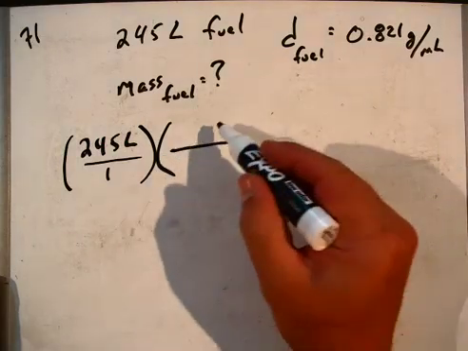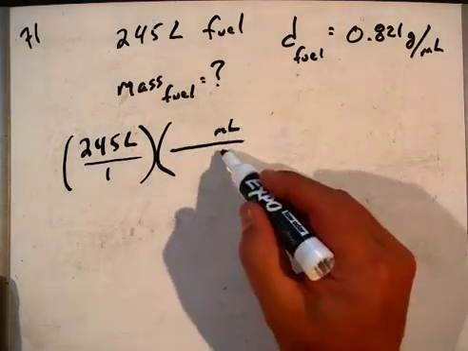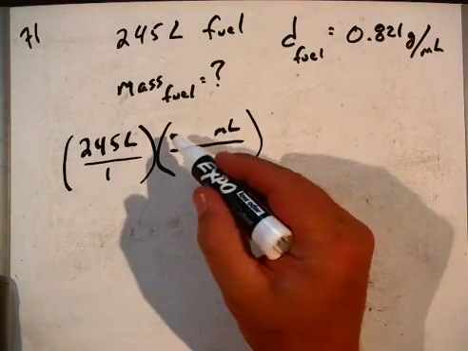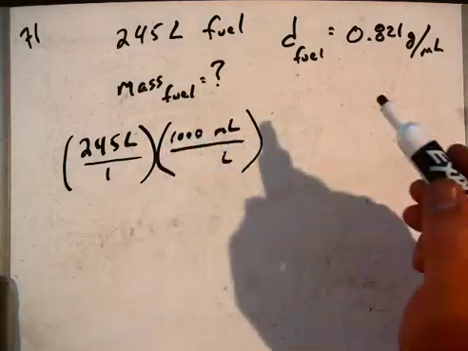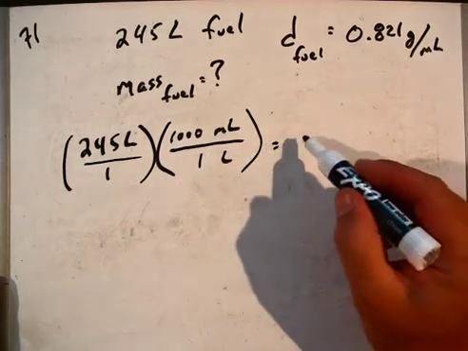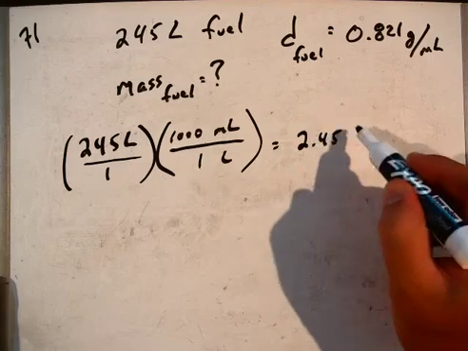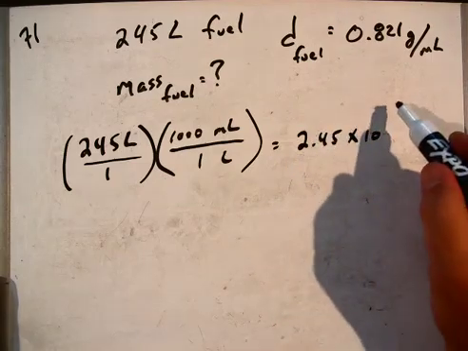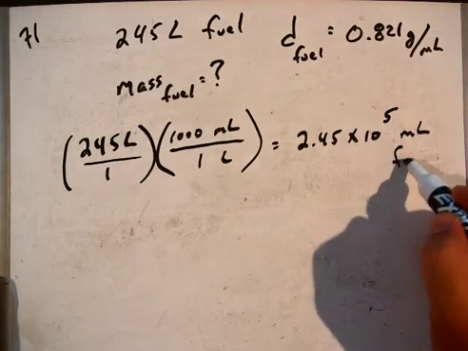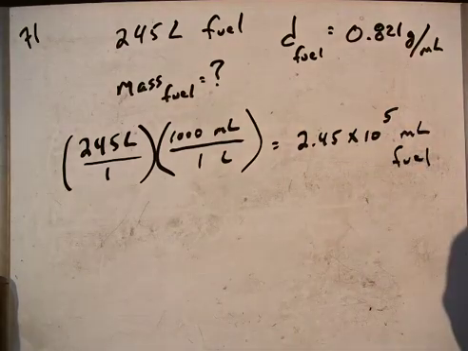We want to turn our liters into milliliters, so we'll set up our dimensional analysis as such. There's 1,000 milliliters for every 1 liter. And if we do that calculation, we get 2.45 times 10 to the 5th milliliters of fuel.